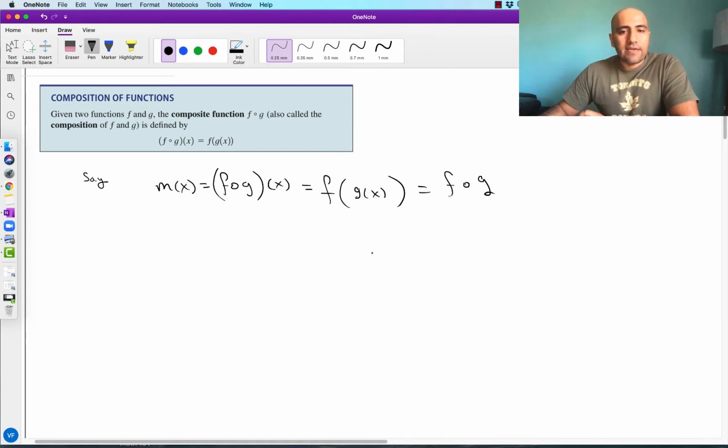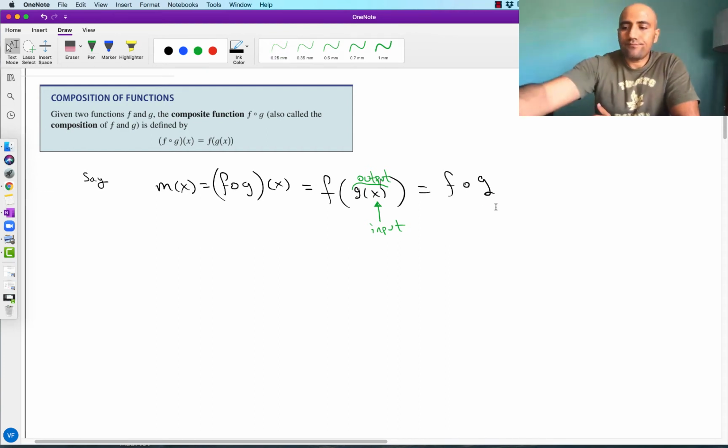What we have is an input value coming into the g function. Then the g function will have some output value. And then that output value will be inputted into the f function, and then the f function's output would be the final result.